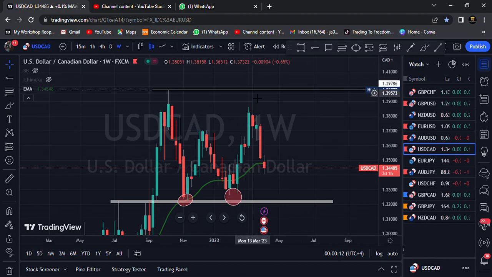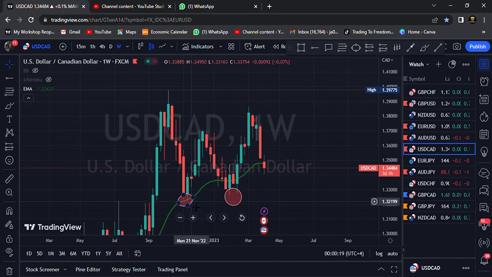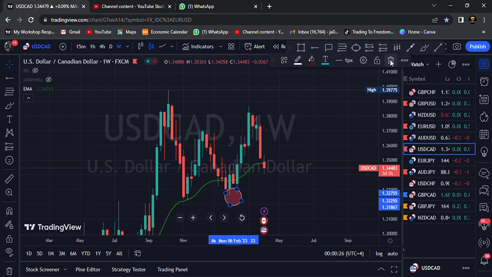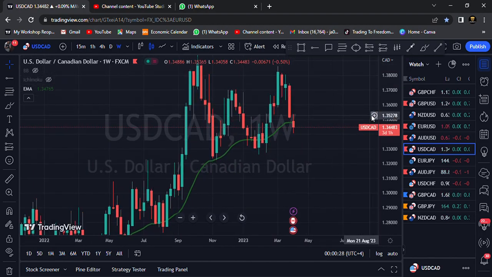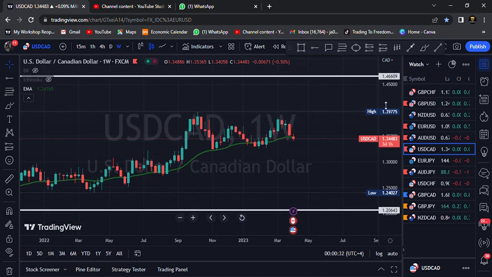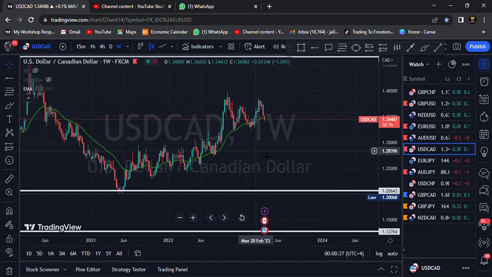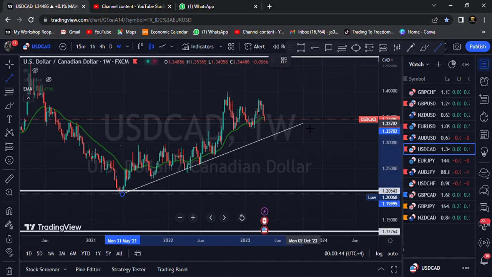Again, as usual, you have to clear all your previous analysis, then you restart with a clear and clean mind. So what is USD CAD trying to do here? Is it in an uptrend, downtrend, or is it consolidating? So it's actually in an uptrend. So we start with that.